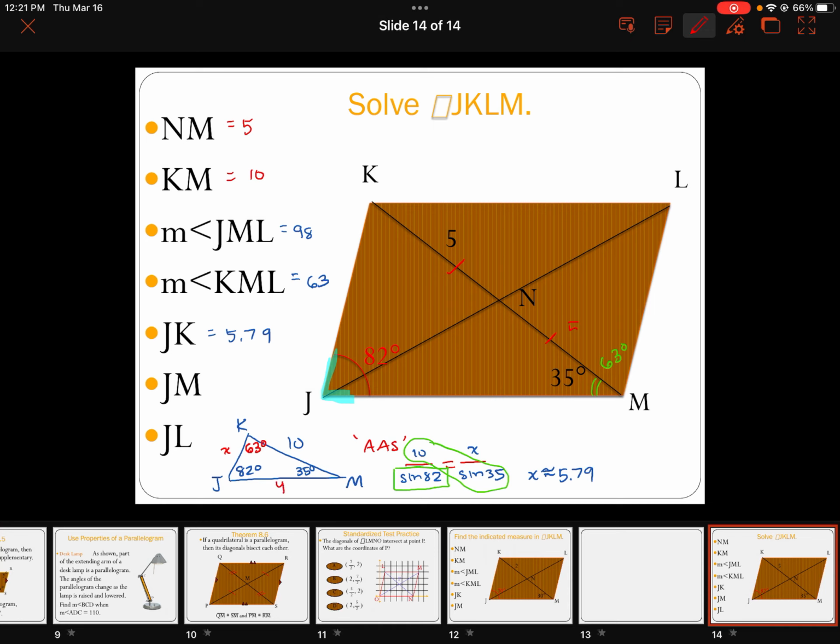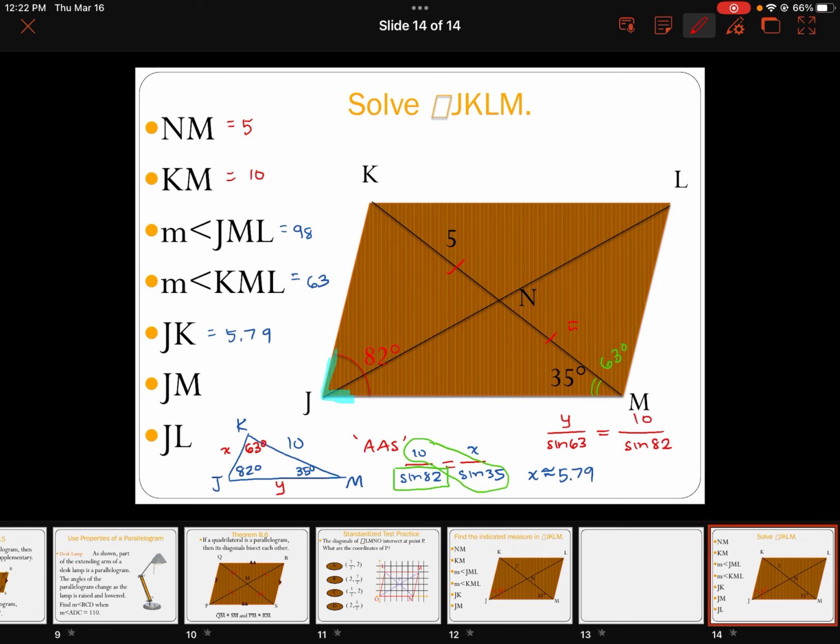Okay, so if we want to find that distance from J to M, we'll call it Y. We're going to set up the law of sines again. We're going to say that Y over the sine of 63 has to be the same thing as 10 over the sine of 82.